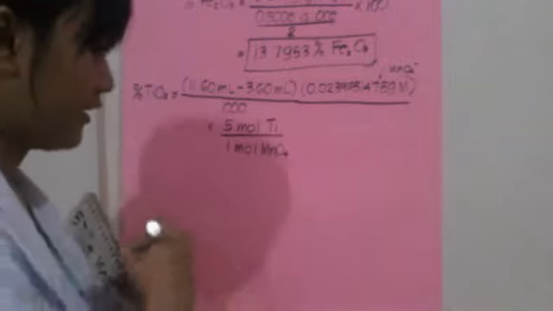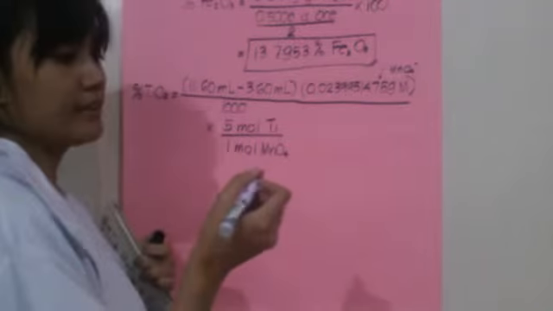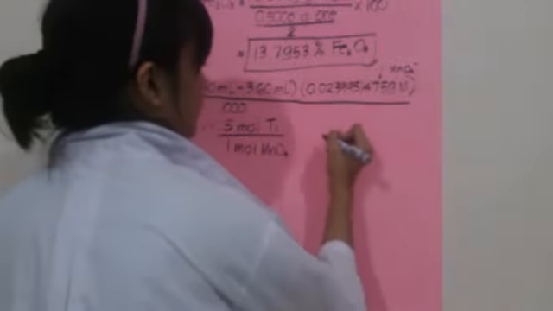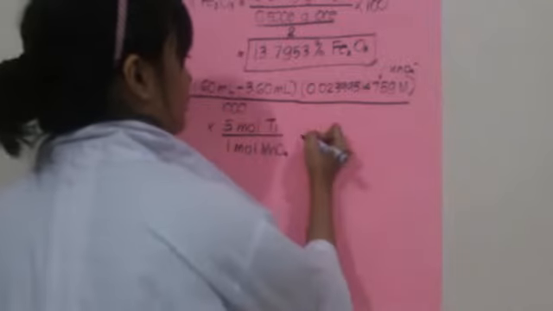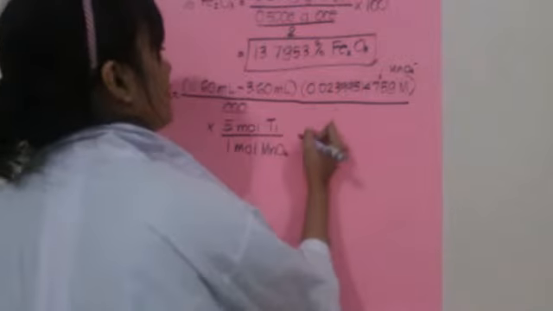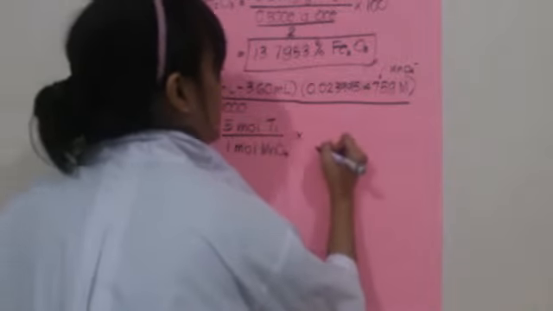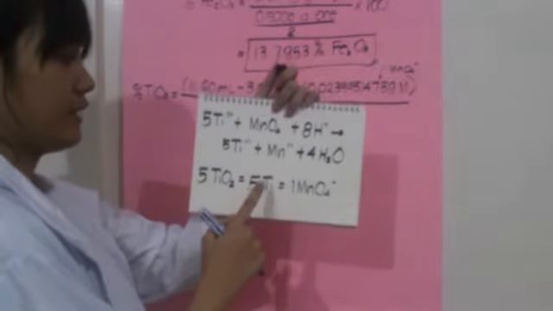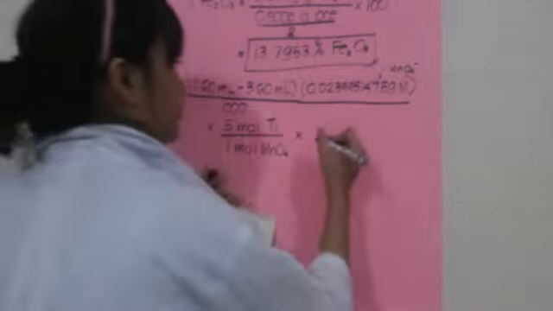And from there, we can now multiply it by the formula weight for that would be the ratio of 5 Ti to TiO2.